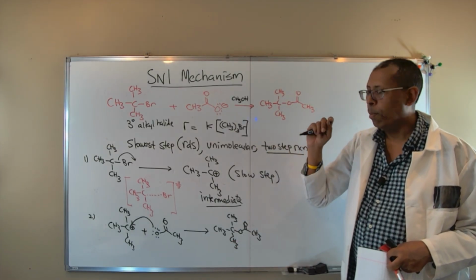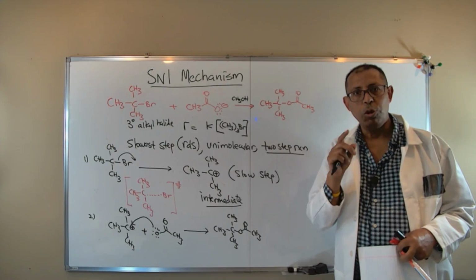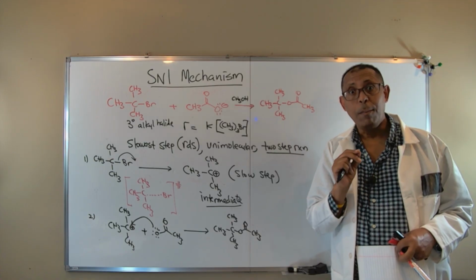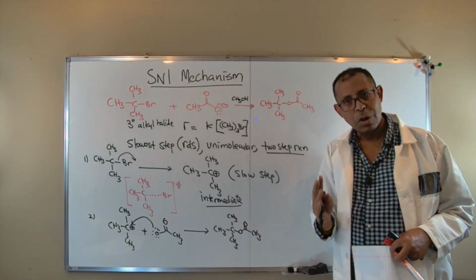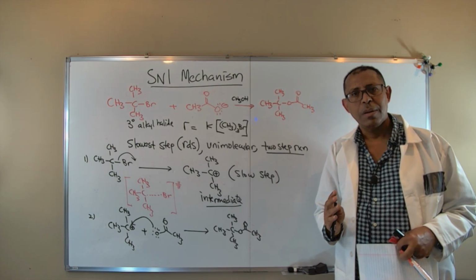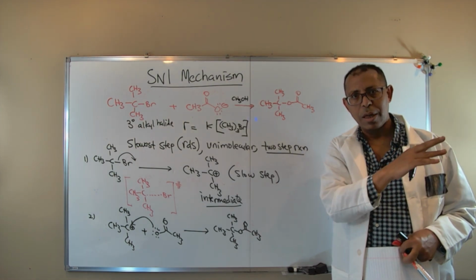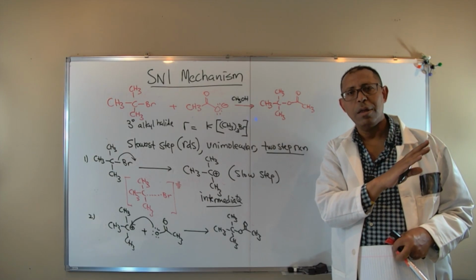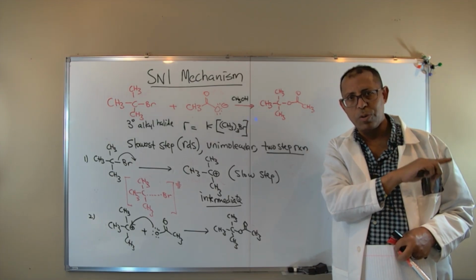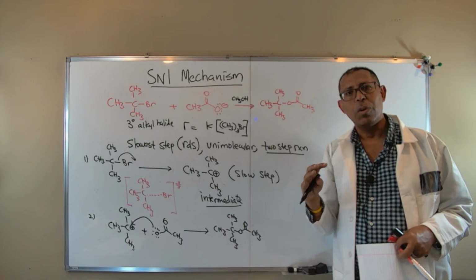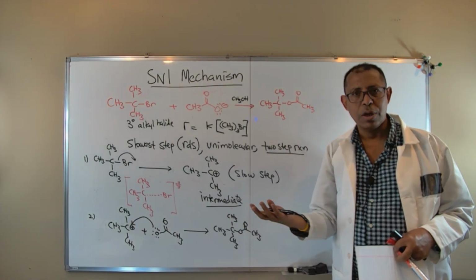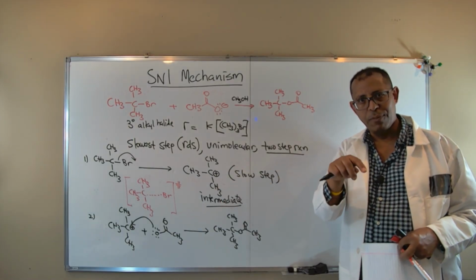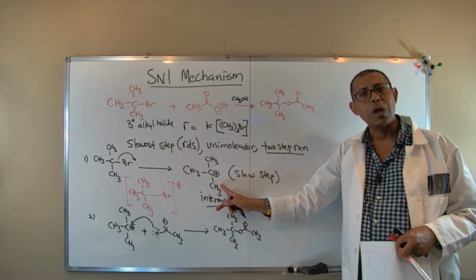The most important concept also is that usually for an SN1 reaction, your alkyl halide is better to be a tertiary alkyl halide. Usually a methyl halide or just a primary halide is the best substrate for SN2. For SN1, you always need a tertiary alkyl halide. The reason being, the carbocation that would be formed is stable if it is a tertiary one.